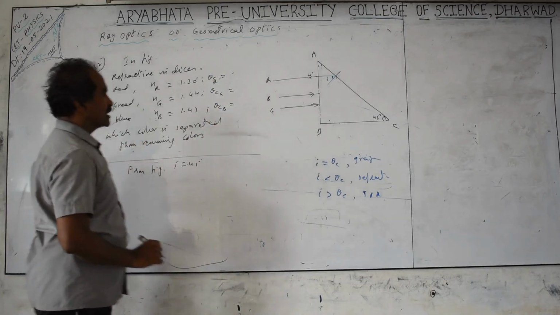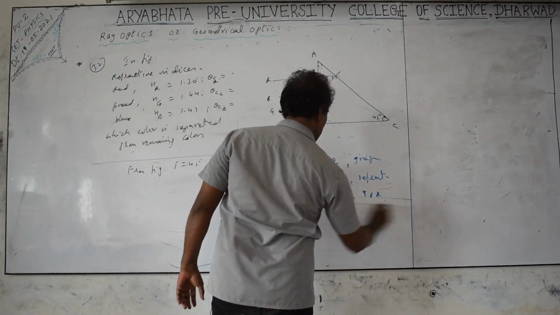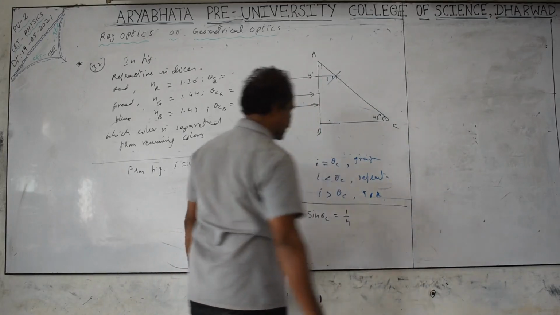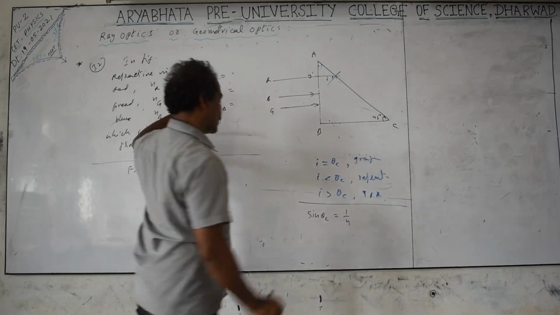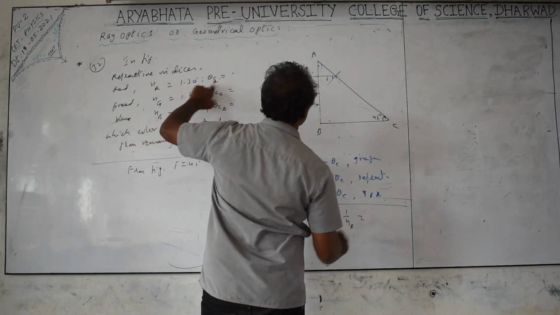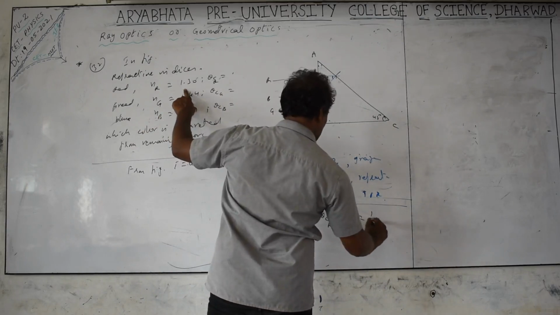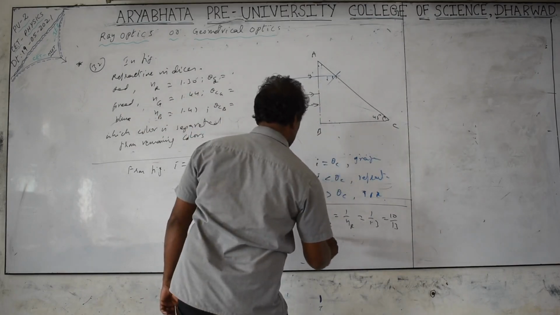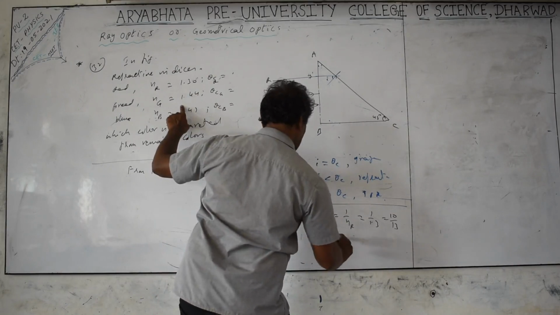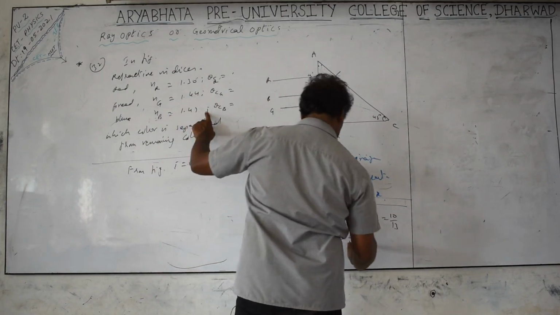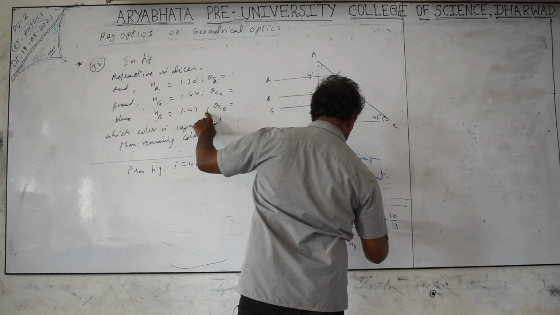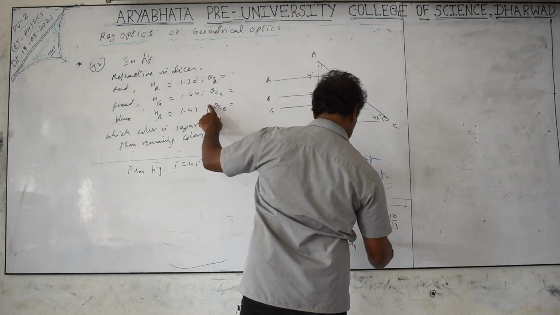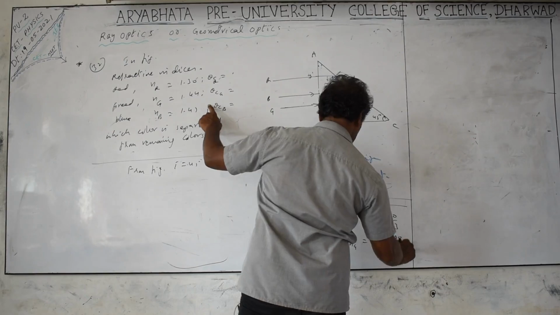How do you find that relation? Sin theta c, the critical angle, is equal to 1 by refractive index. So for red, you take n red, which is 1 by 1.3, that is 10 by 13. For green, sin theta c is equal to 1 by n green, 1 by 1.4, which is 100 by 144.